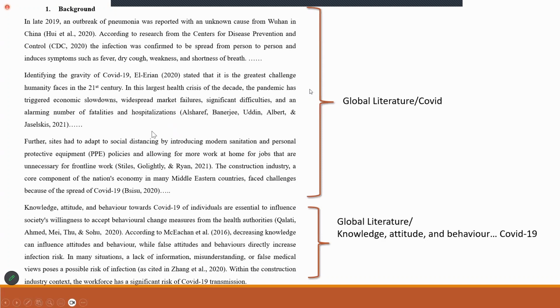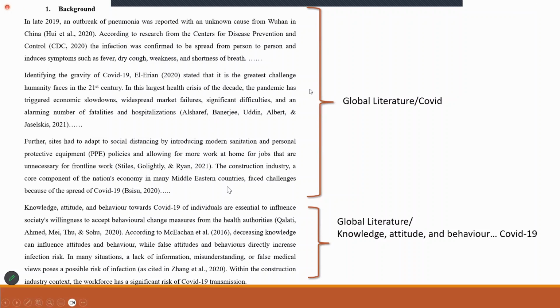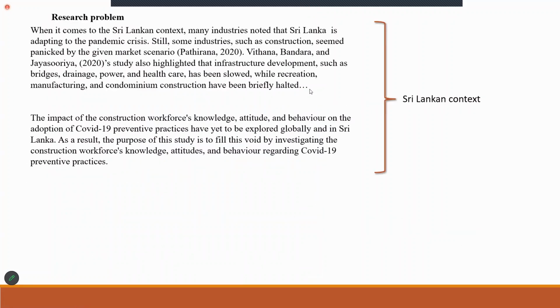The global literature was provided to highlight the impact of COVID, and the knowledge, attitude, and behavior of the workforce in general in the construction industry, as well as specifically during COVID-19.